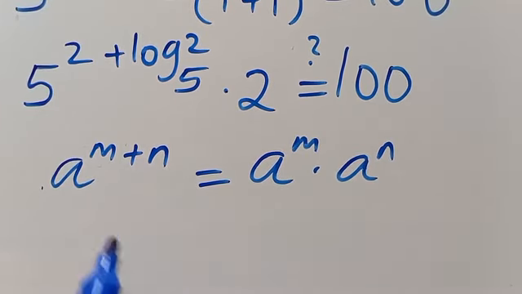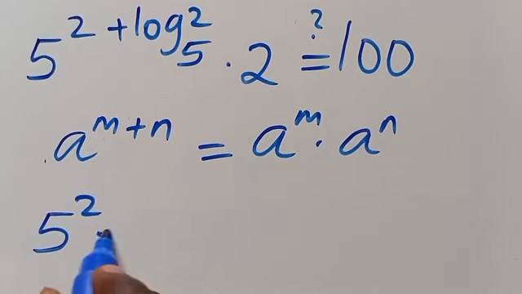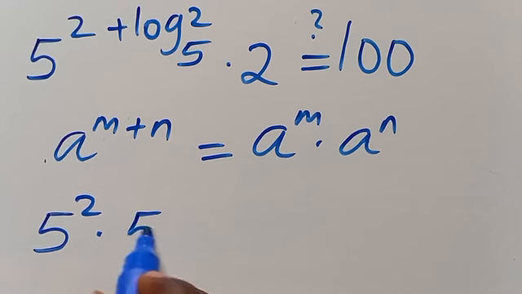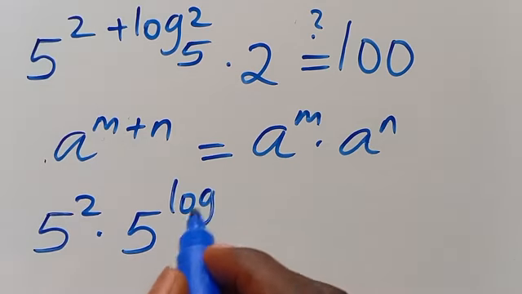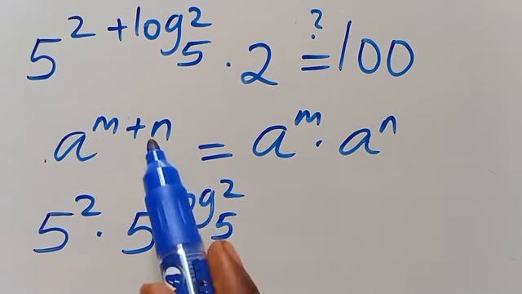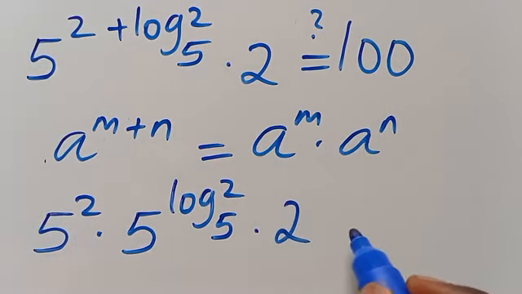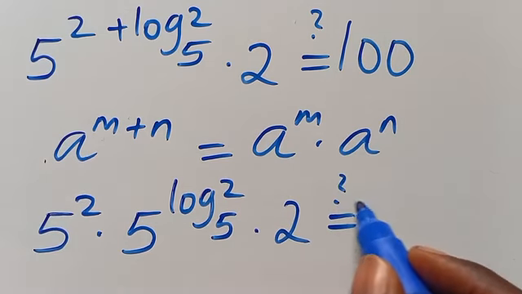So when we apply this here, we have 5 to the power of 2 multiplied by 5 to the power of log 2 in base 5, because our n equals log 2 in base 5, then multiply by 2, then it's going to give you 100.